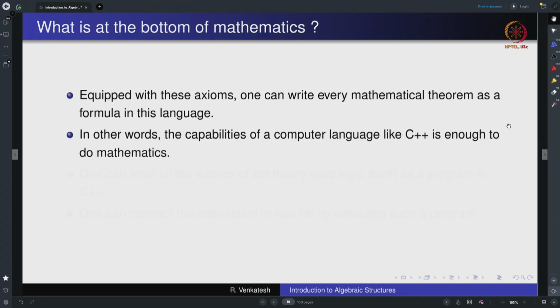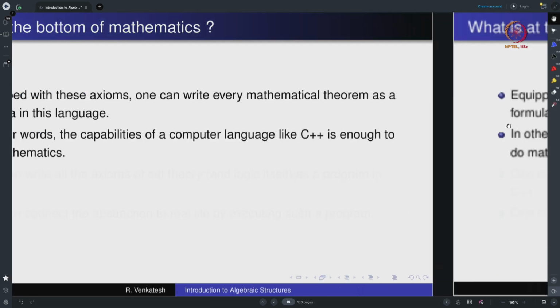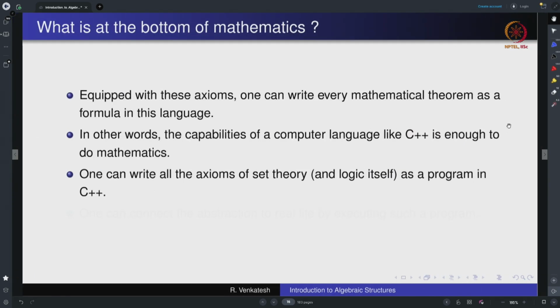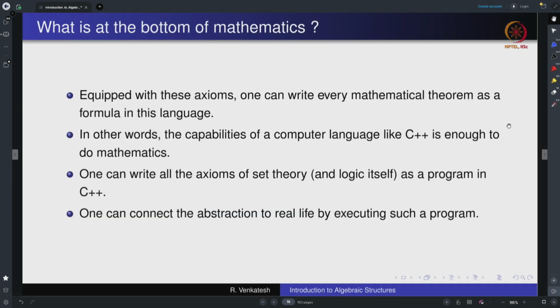In other words, the capabilities of a computer language like C++ are enough to do mathematics. One can write all the axioms of set theory and logic itself as a program in C++. One can connect the abstraction to real life by executing such a program.